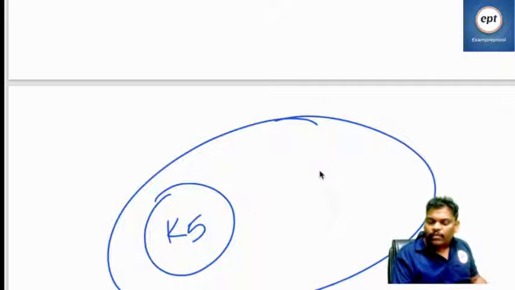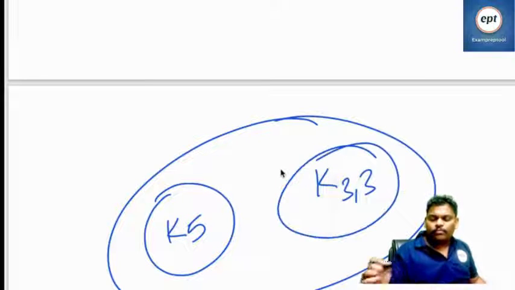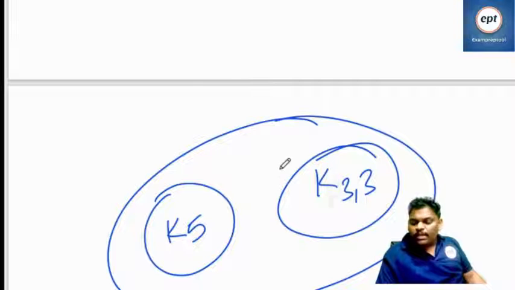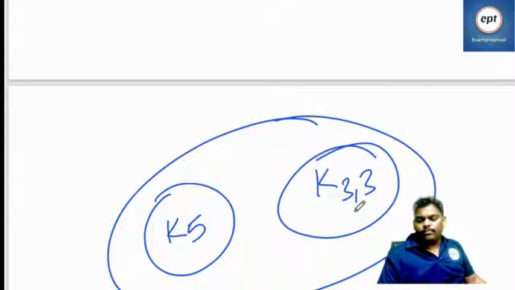I don't want K33. If you want to say some graph is planar, I don't want K5 or K33 as a subgraph.